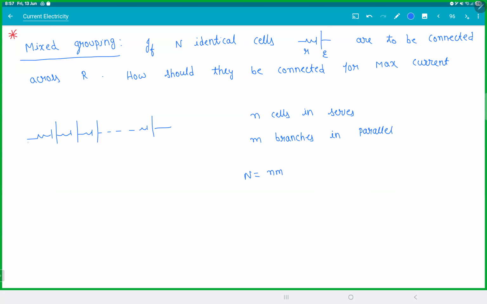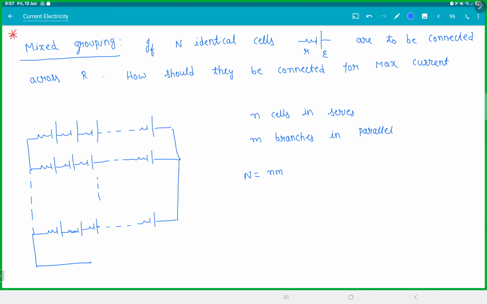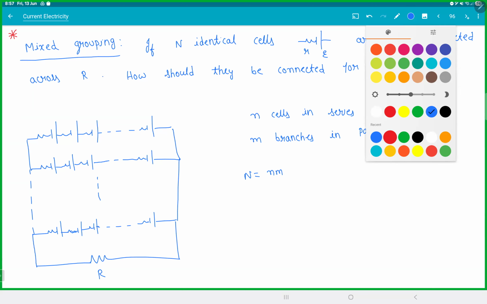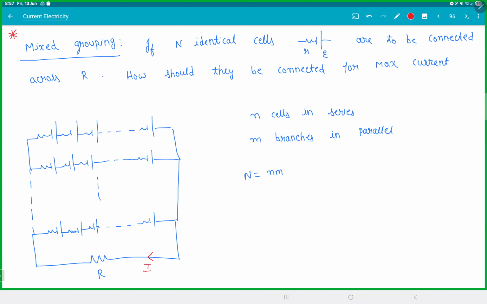So if you make a grid like this, it is an n into m matrix kind of thing. This grid, you're connecting it to an external resistance R. And the question is this, I wanted to make this current maximum.